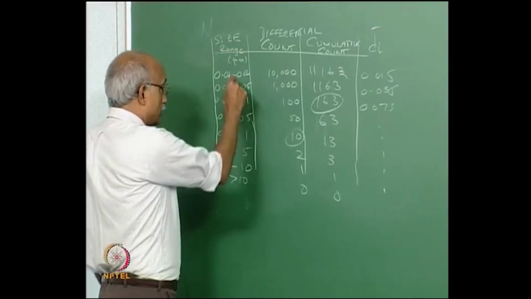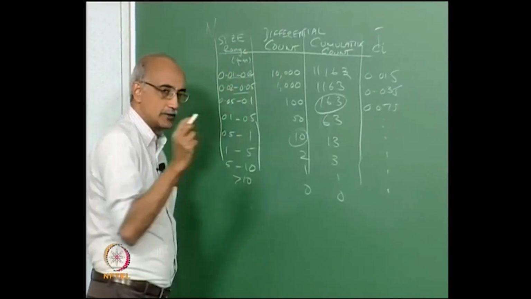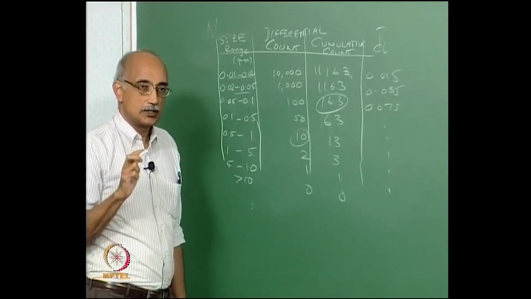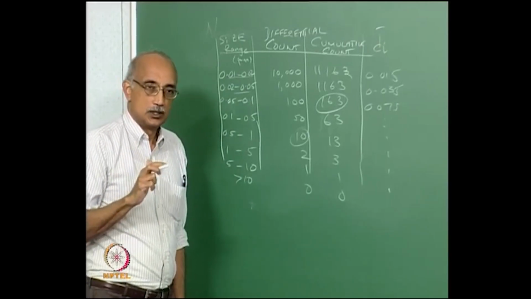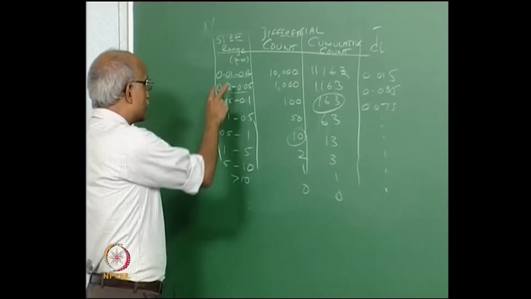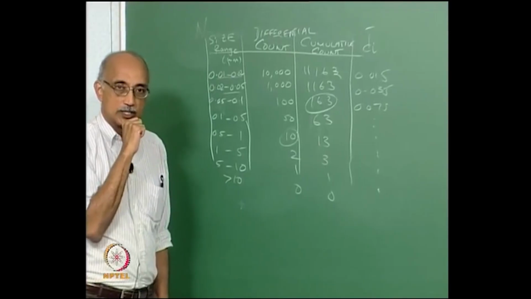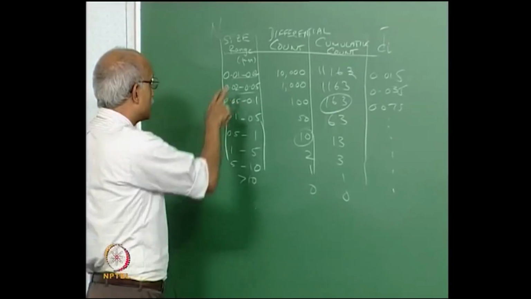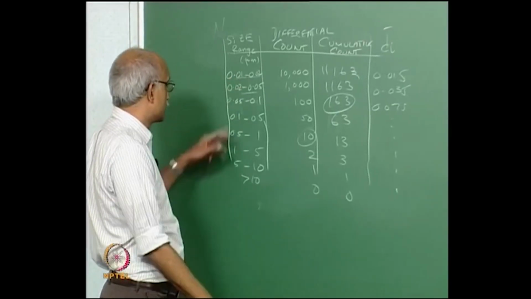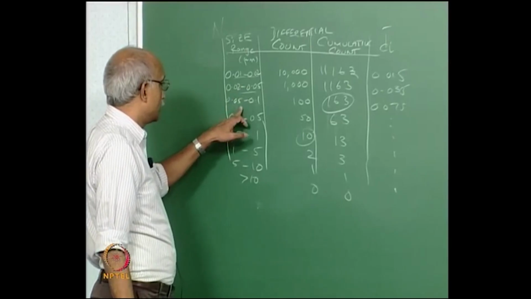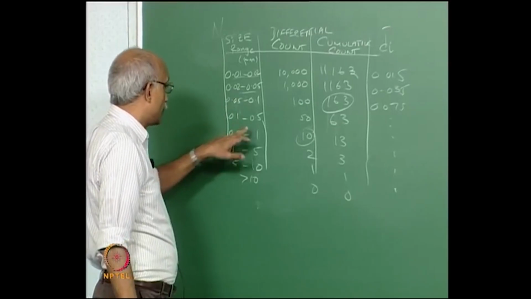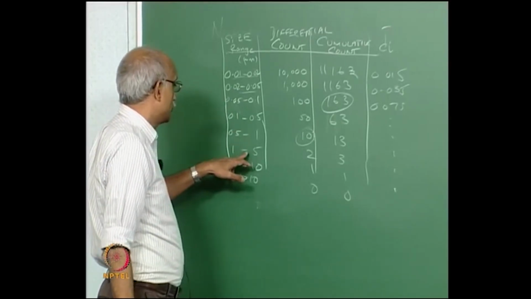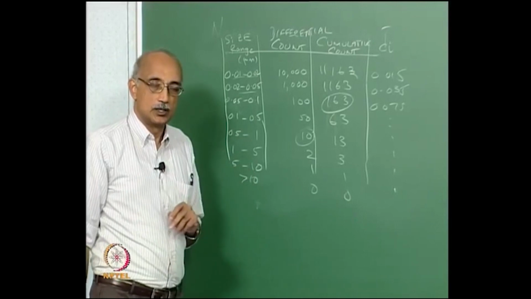Now one thing you will notice, if you look at the width of the channels, what is the thing that you notice first? The width of the channel is very, very small in the lower sizes, and it keeps getting progressively broader, because the width here is only 0.01 microns, here it's 0.03, here it's 0.05, here it's 0.4, 0.5, 4, 5 and so on.